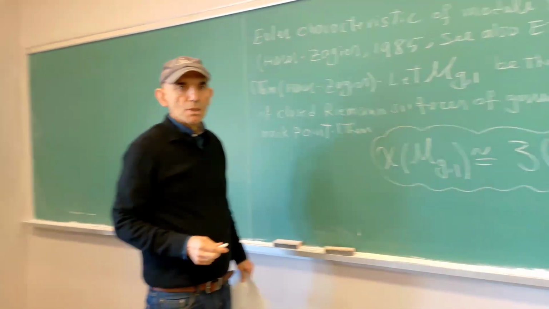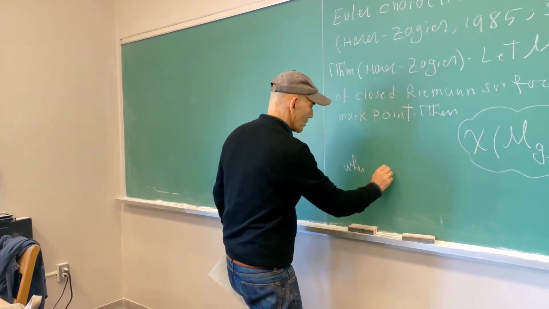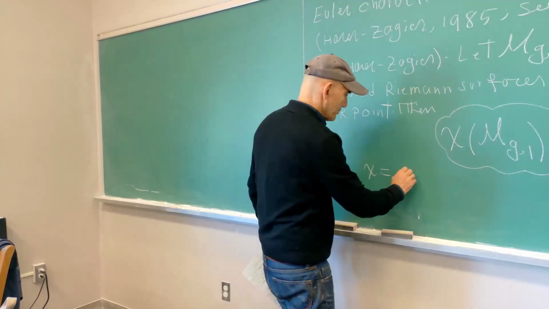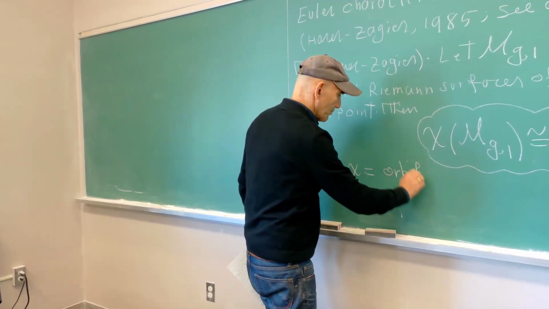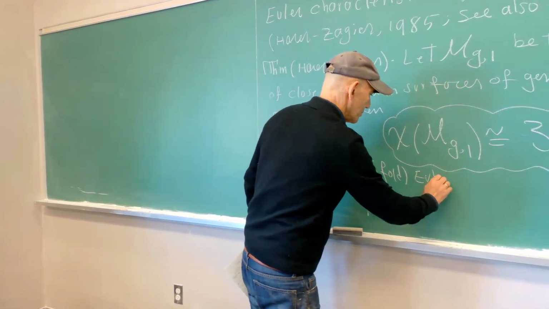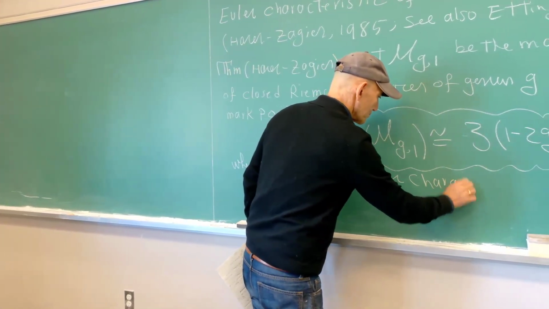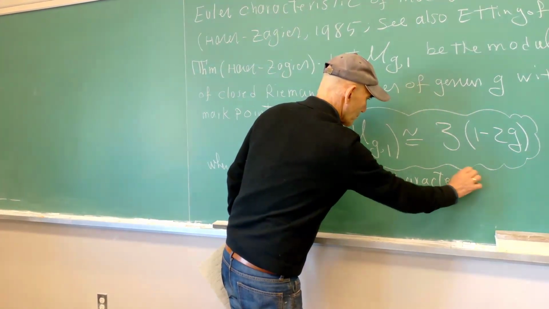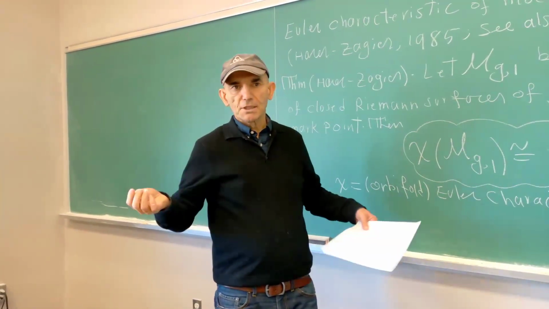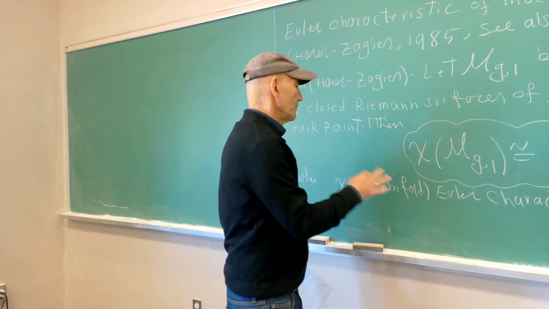Now let us unpack the meaning, where chi is the orbifold Euler characteristic. Of course, the Euler characteristic itself, the original one, we have seen appearing in our formulas, but this is a slightly refined version.